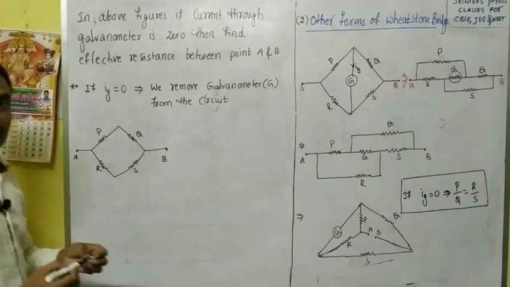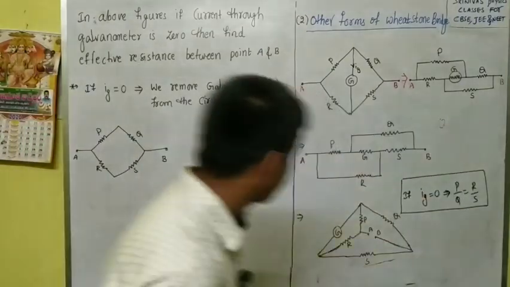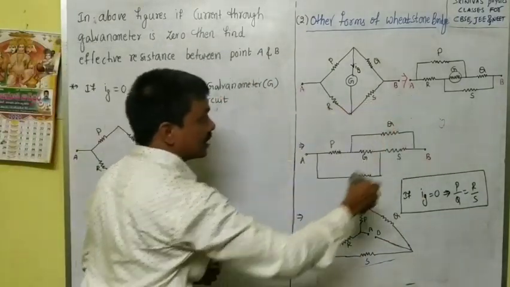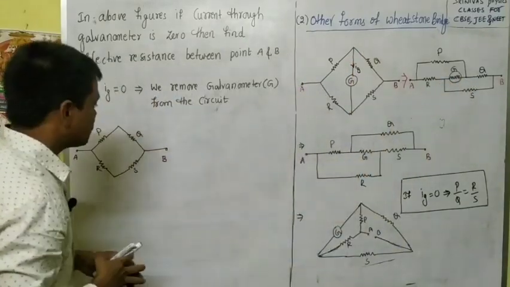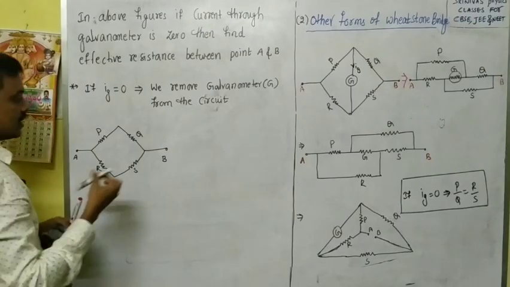Otherwise, we can draw like this also. For this also we can remove the galvanometer. This part we have to remove, this part we have to remove. Then if you redraw the diagram, you will get it like this.